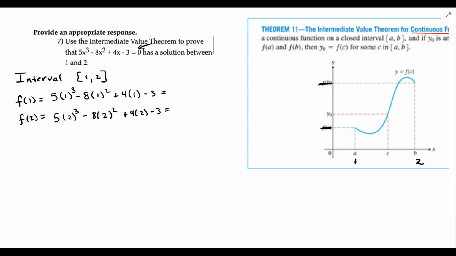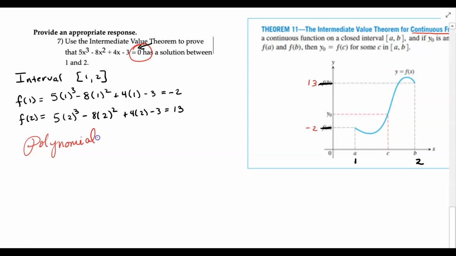Okay, now I plugged them in myself, and this works out to be -2, and this works out to be 13. So I'm going to replace that on my graph here with a y equal to -2 and a y equal to positive 13. So the question is, is there some point where it crosses 0? Well, the function is a polynomial, right?